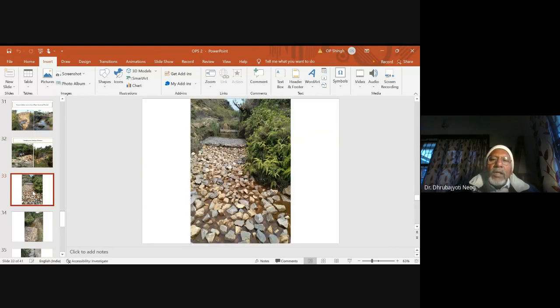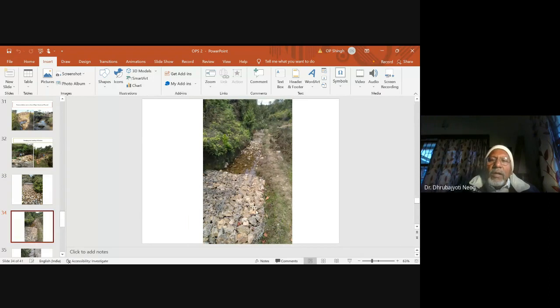So these are the limestone pieces. Three to four layers of limestone were put in this stream. Since limestone pieces can move downward when water flows, we made this gabion check dam in between to check them.